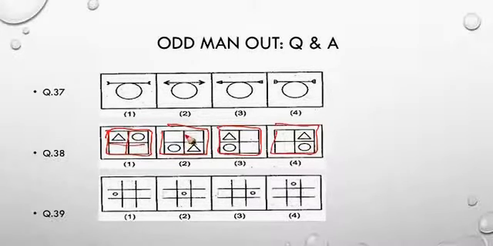We notice that in two of the parts of the rectangle there is no design. It is applicable to all four problem figures, but in one of the other parts there is one triangle, and in another part there is a circle, and this is applicable for all the problem figures in question number 38.